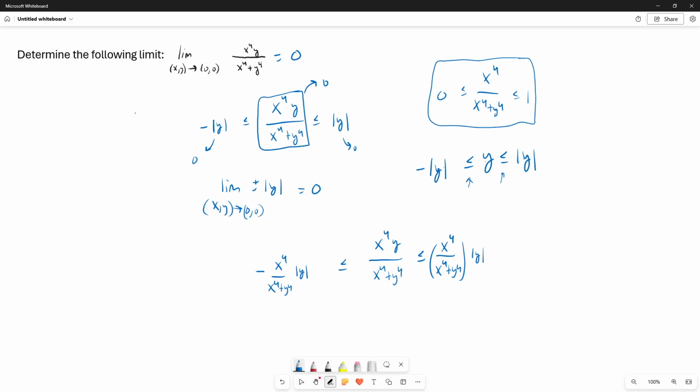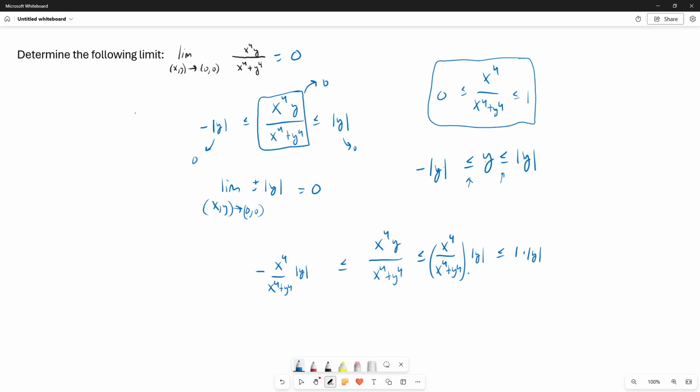And now this fraction being less than 1 means that this number times this positive number is less than or equal to 1 times the positive number absolute value of y. So the original fraction is less than or equal to the absolute value of y.